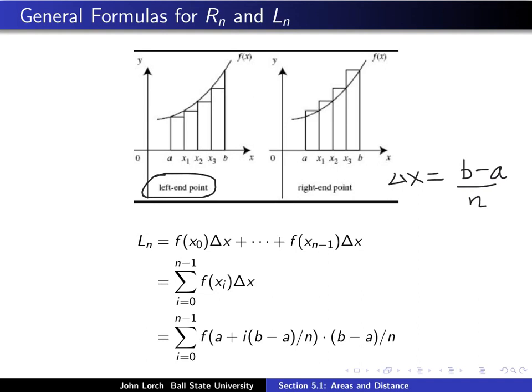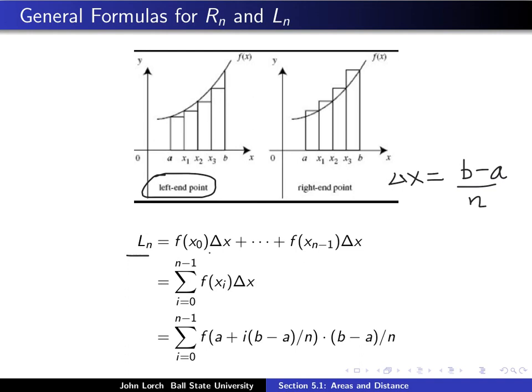And then what we want to do is form rectangles over each one of these little pieces by finding the left endpoint and then going up to the curve and drawing a rectangle. So as in the previous calculation, we're going to call that L sub n, and to form that, we just add up the areas of these little rectangles.